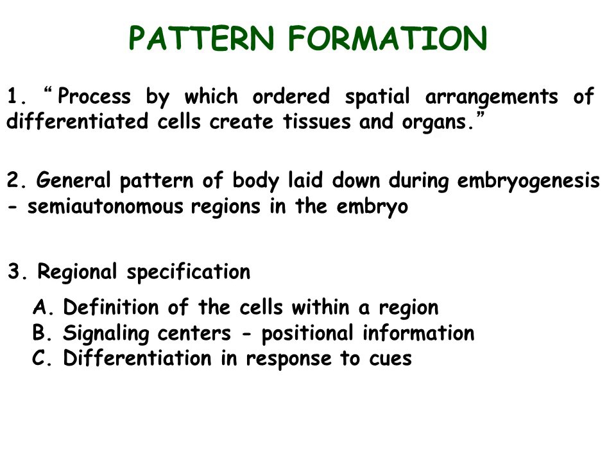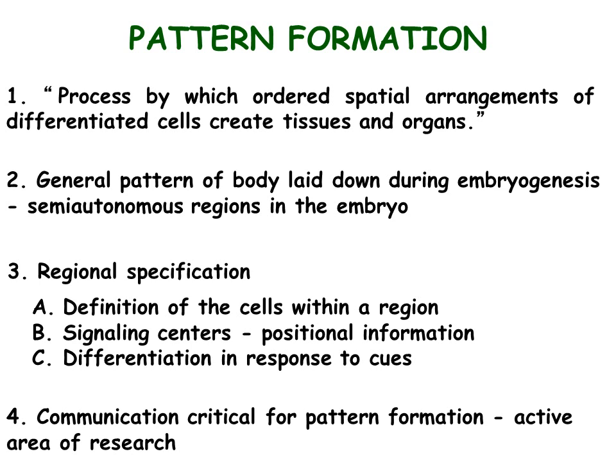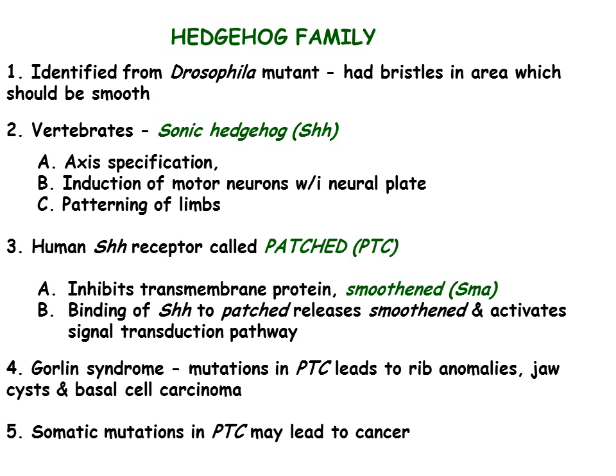So this is why the central dogma is so essential to understanding all this. Communication is critical for pattern formation, and of course it's a very active area of research, because if we can learn how to do that, not only in embryo but in adult stem cells, think of what we could do to repair spinal cords and the like.